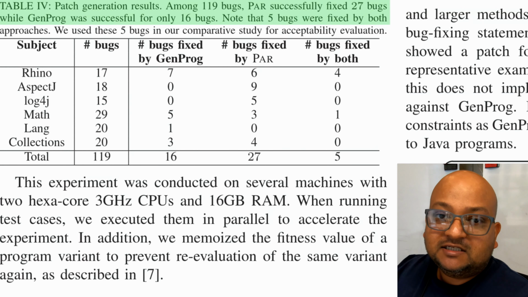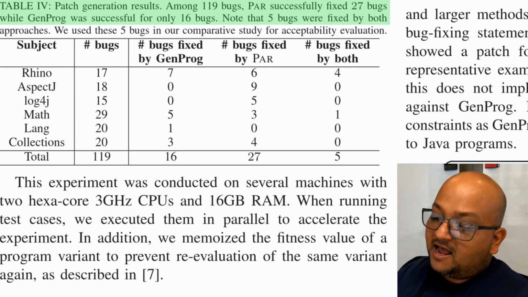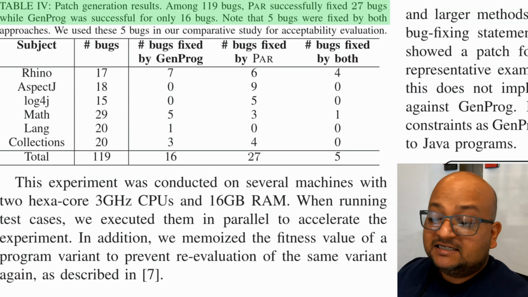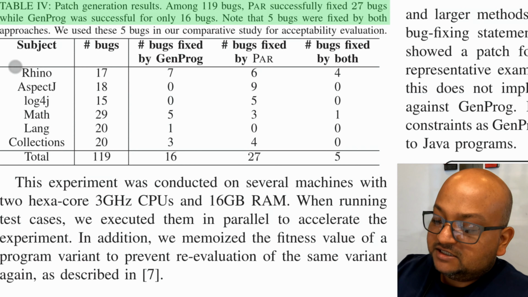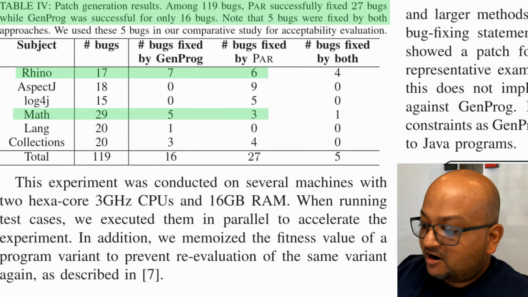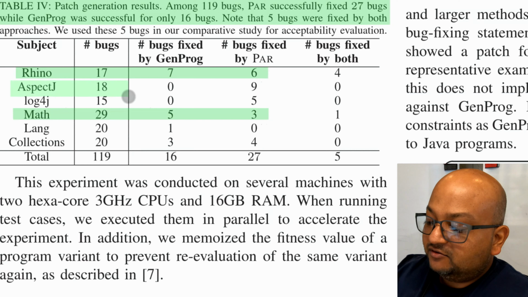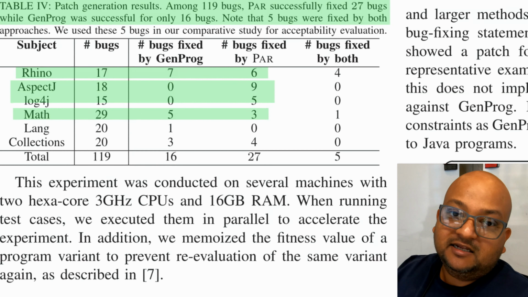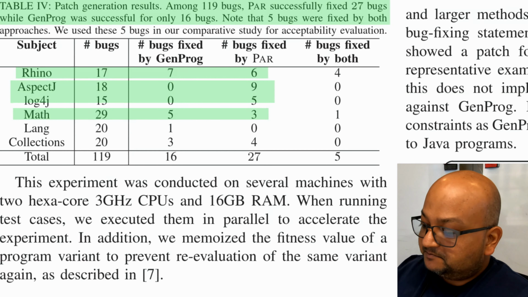GenProg is a previous system that they compare themselves to, which uses more of a random mutation approach, and that was only able to fix 16 bugs. You can see here that for some cases it fixed slightly fewer bugs than GenProg, but in a few large cases it handily beats that system.